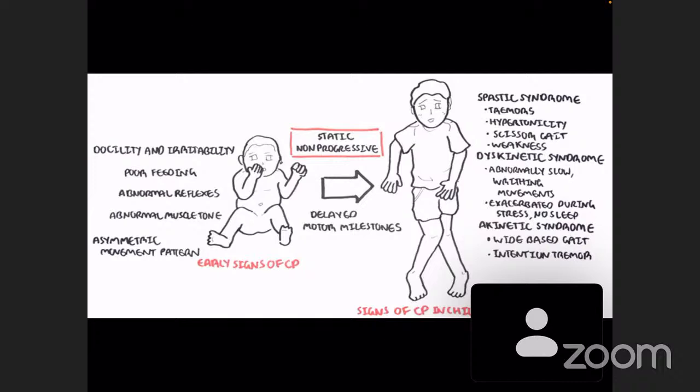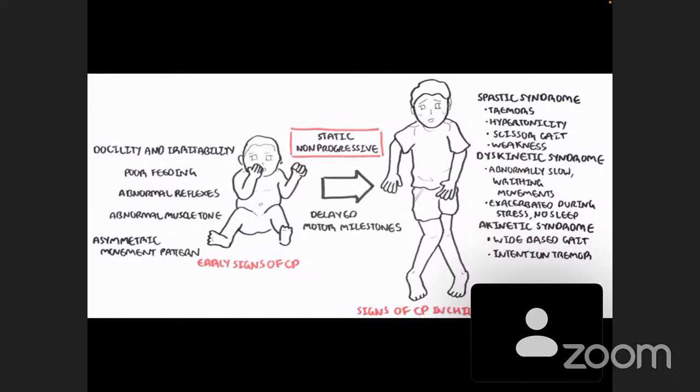What is the cause of feeding difficulty in a CP child? Feeding difficulty can be because of pseudobulbar palsy. Very good. Supranuclear pseudobulbar palsy is one of the reasons.